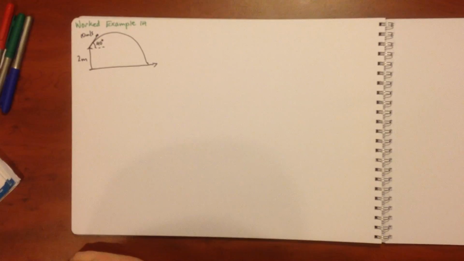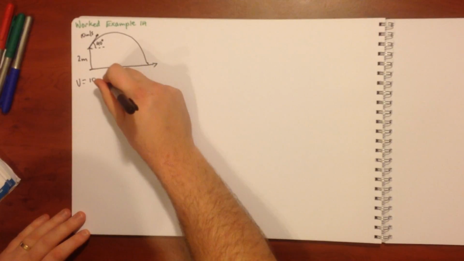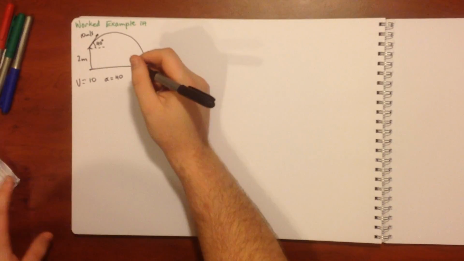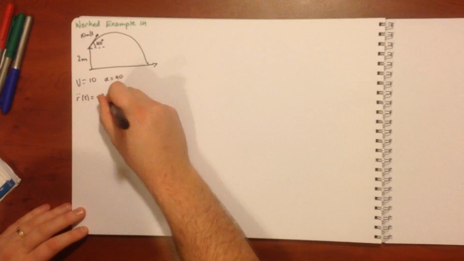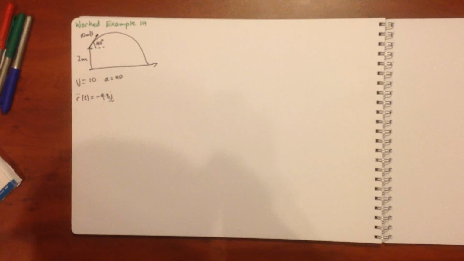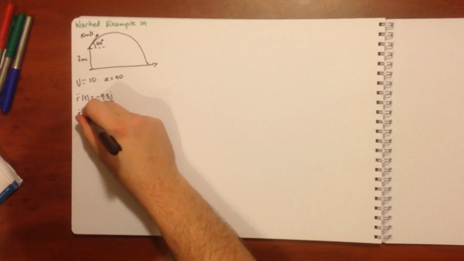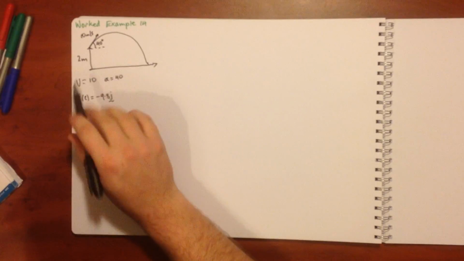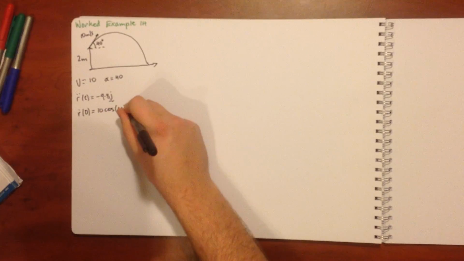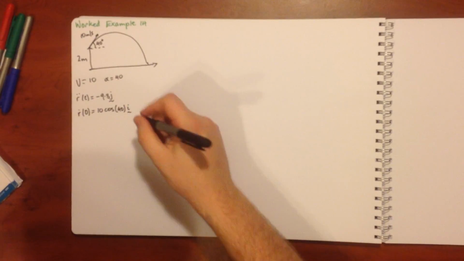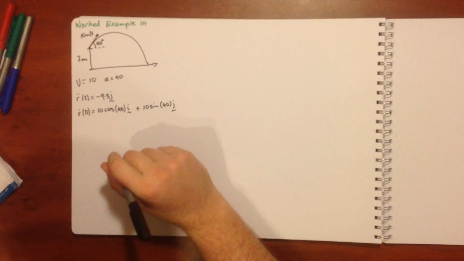So what we need to do here is we know v equals 10 and alpha equals 40. So we need to be thinking, well, our acceleration, r double prime of t, is equal to negative 9.8 j. And we also need to look at our initial velocity vector. In the horizontal direction, it's going to be 10 cos of 40 i, so that's just breaking into our horizontal component, plus 10 sine of 40 j in our vertical component.